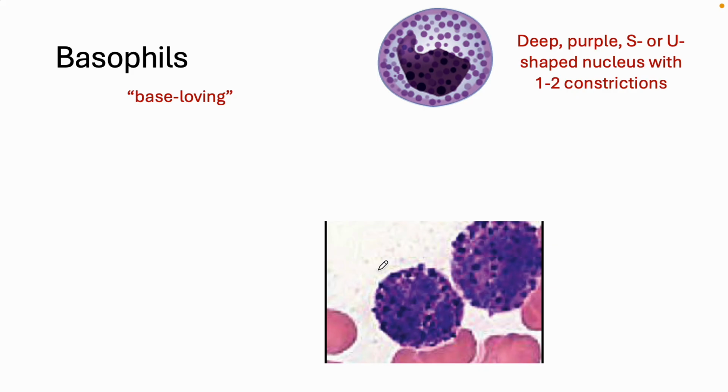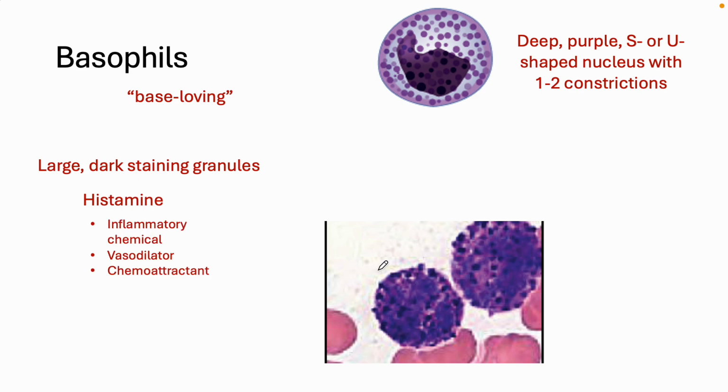So as far as the nuclei go, this one's going to be more condensed into just a single area than we'll see with the other granulocytes. The large dark staining granules contain histamine. The function of histamine is to act as an inflammatory chemical.